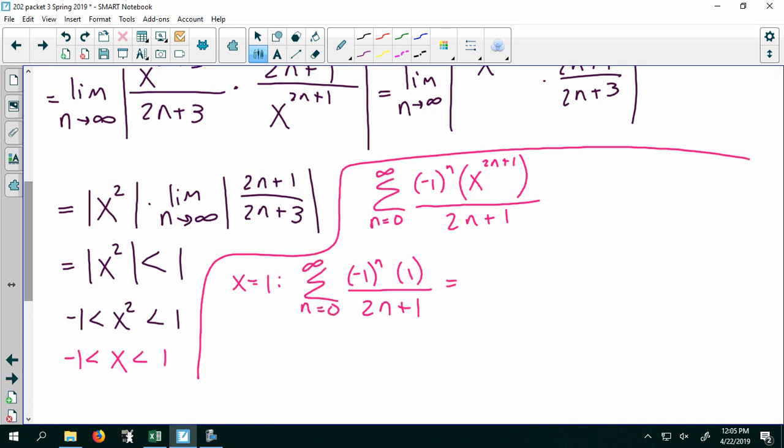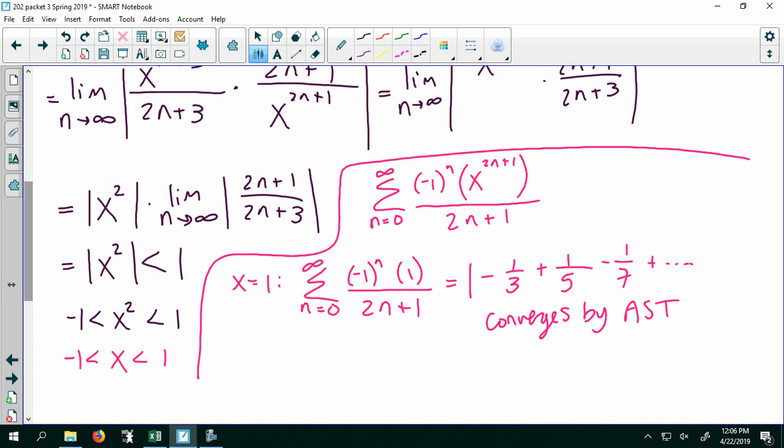If I plug in some values of n, n equals 0 gives me 1. N equals 1 gives me -1 over 3. N equals 2 gives me 1 over 5, then minus a 7th, plus and so on. This converges by the alternating series test. The terms are decreasing towards 0, and the signs are alternating.